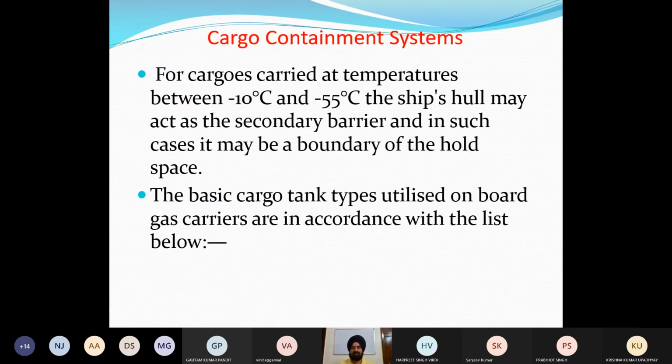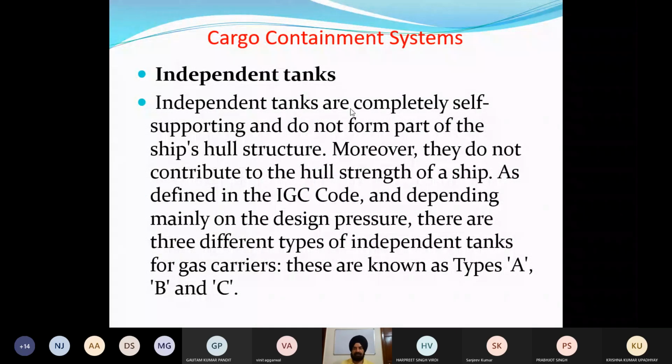For cargoes carried at temperatures between -10 and -55, the ship's hull may act as a secondary barrier, and in such cases it may be a boundary of the hold space. We have seen what the hold space is, the space between your hull and the tanks. The basic cargo tank types utilized on board gas carriers, first, are independent tanks.